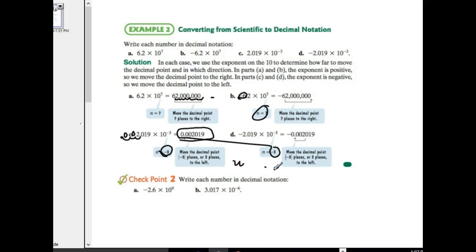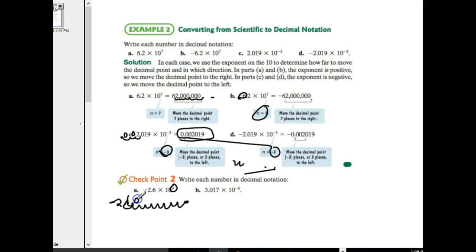Now, in looking at the checkpoint, let's do this one. This says to the 9th power. So I'm going to write negative 2.6. And I'm going to move my decimal 9 places to the right. 1, 2, 3, 4, 5, 6, 7, 8, 9. So my decimal is now way out there.